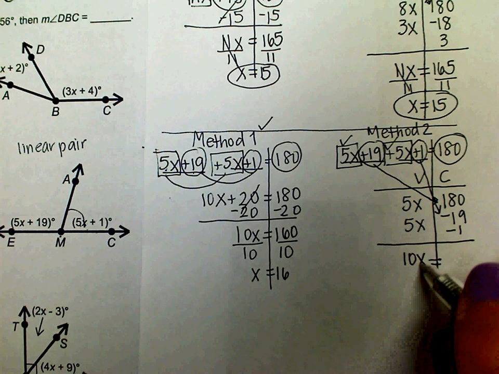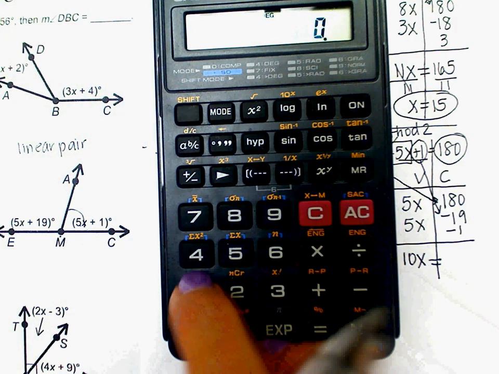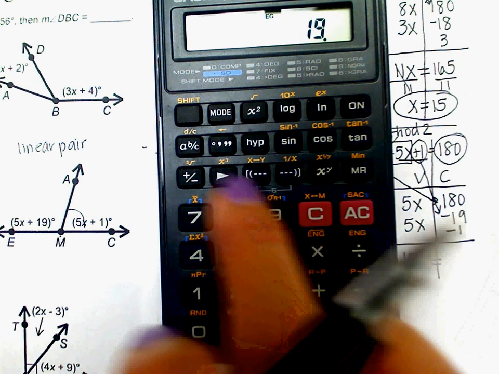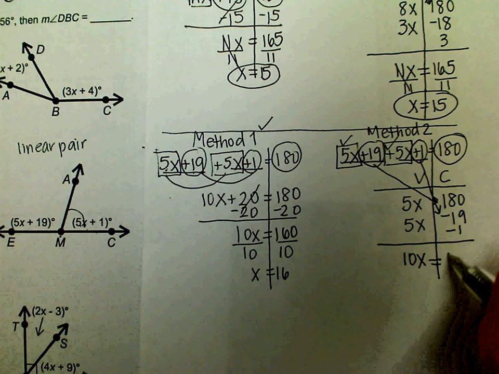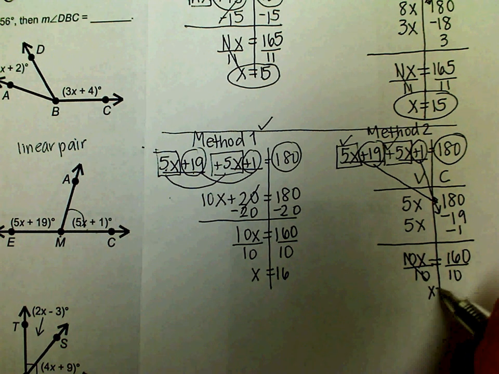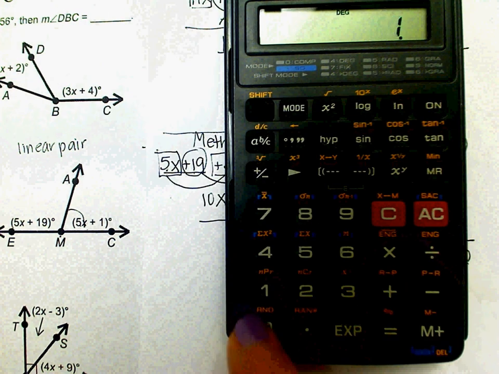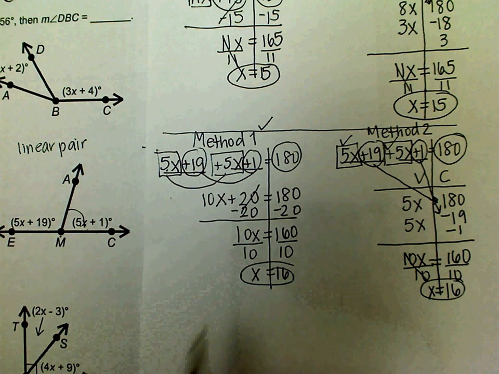And then add all these up, so you got 180 plus negative 19 plus negative 1 equals 160. Then divide, and you get x equals 160 divided by 10 is 16, okay? So 16. So we both got x equals 16.